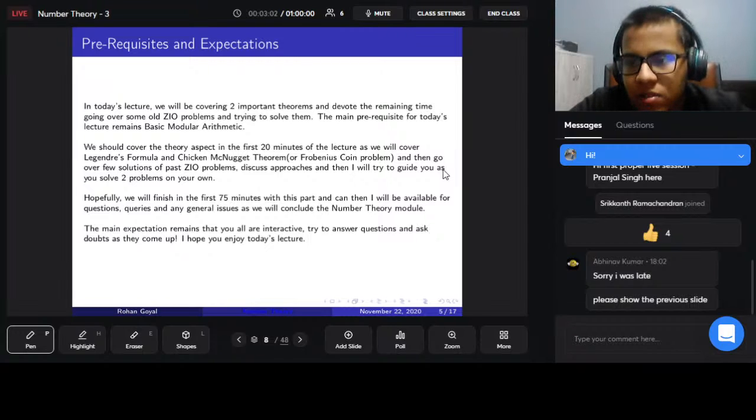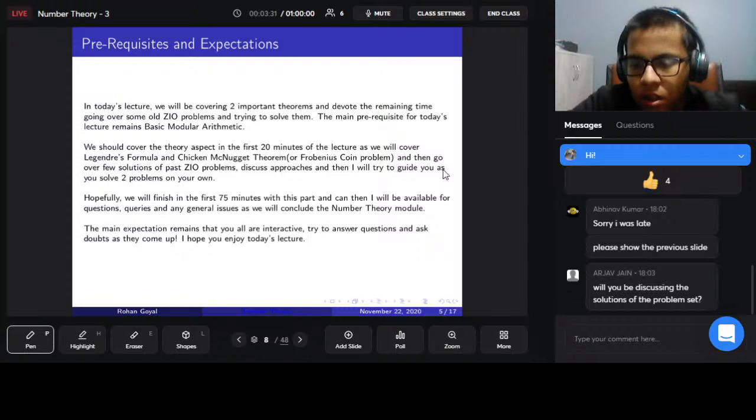Okay, today's lecture again doesn't need many prerequisites, but I'll be assuming familiarity with modular arithmetic. The first 20 minutes or so we'll be finishing up the theory part of today, and the rest we'll work on the problems. After that I'll be available for about 10 or 15 minutes for general questions about ZIO. I do not plan to discuss the solutions of the problem set here, as I have said before.